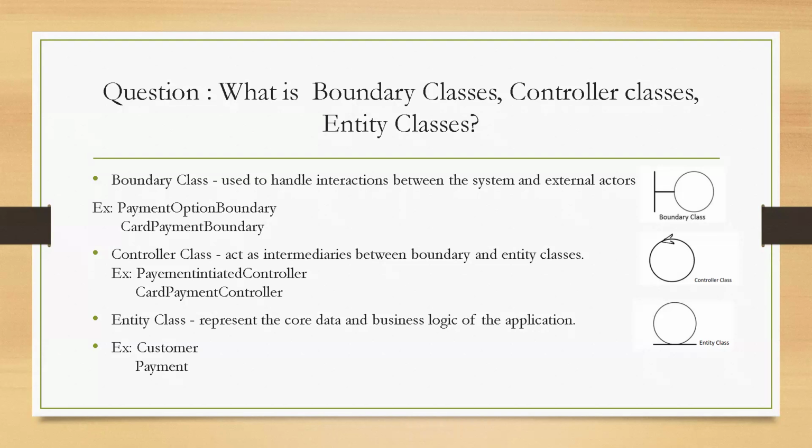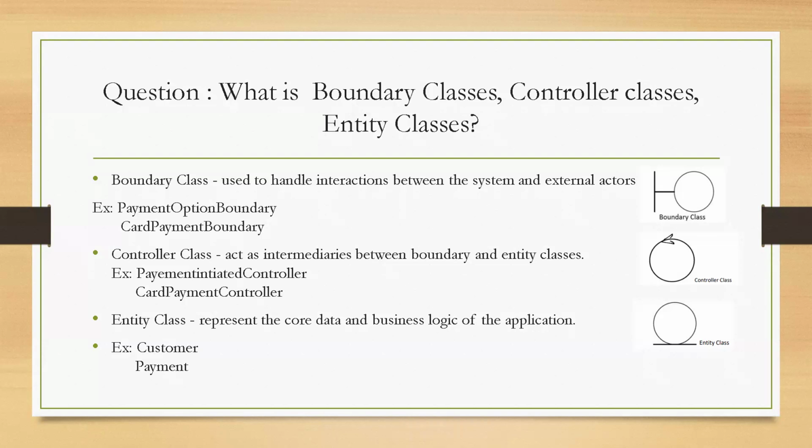And the second one is the controller. It acts as the interface between the boundary class and the entity class. Okay, so here is where the business logic gets implemented. And then the entity class represents all the data related, for storage. So the databases and all these things will be represented in the entity layer.